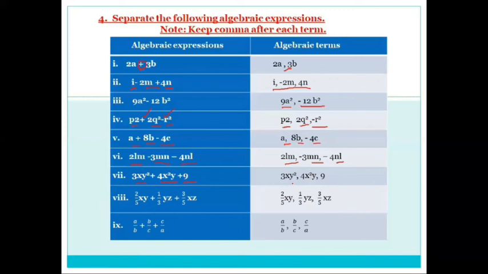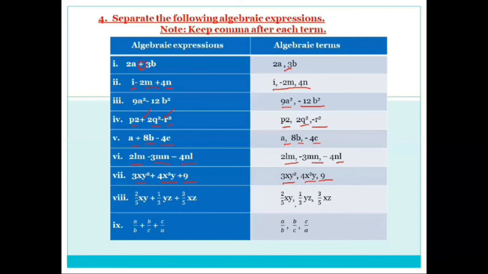We will write only the term, and after each term there is the comma. After each term you will write here 9, which has no plus sign. Dear students, I write 3x square y, 3xy square, plus 4x square y, comma 9. Here, no need for plus.